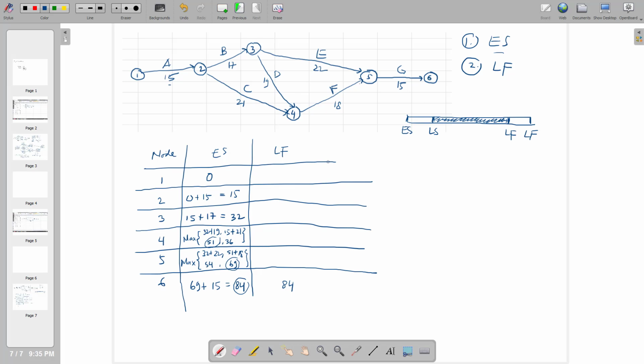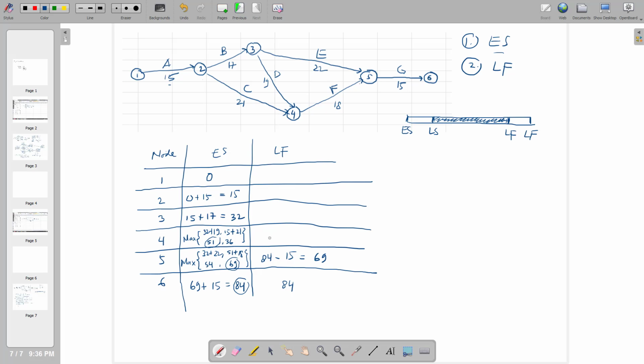And then node number 5 is 84 minus 15. This one will be equal to 69. Please correct me if I'm wrong, just in case. 84 minus 15, 69. Is this correct?